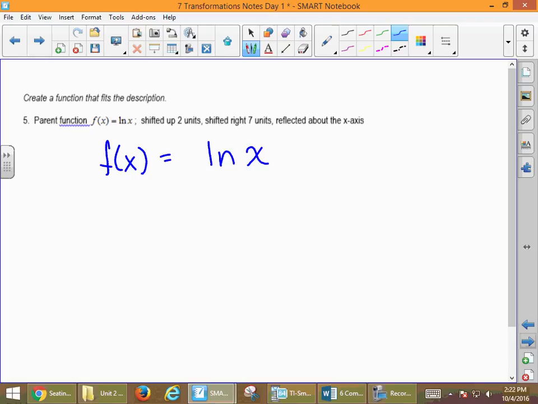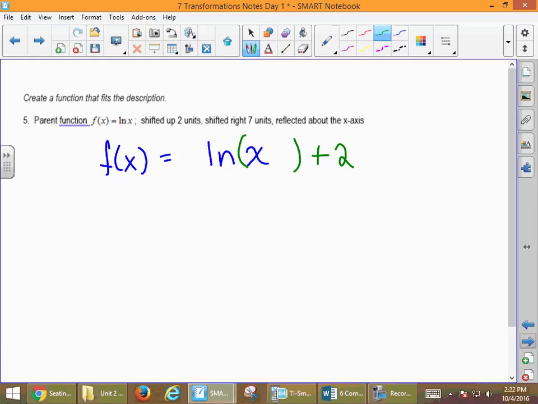Well, if we shift up 2 units, at the very end of our function, it's going to be plus 2. And up is an outside of the function. But we also have a shifted right in here. That's an inside of the function. Remember, when it's inside, it kind of works the opposite way that you think it's going to do.